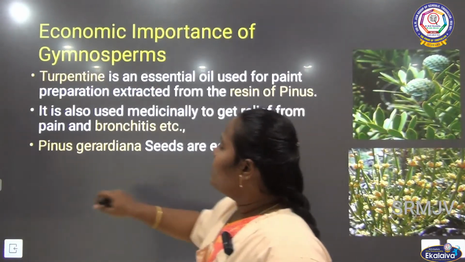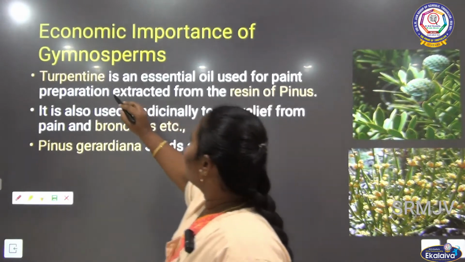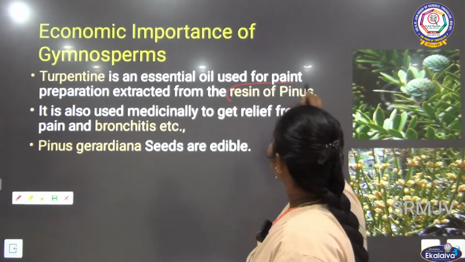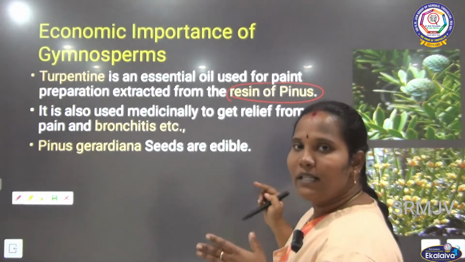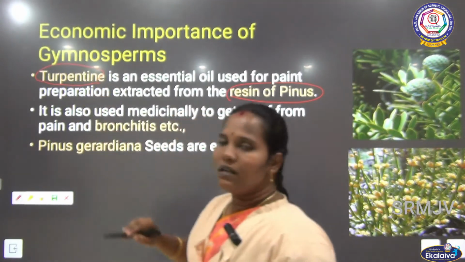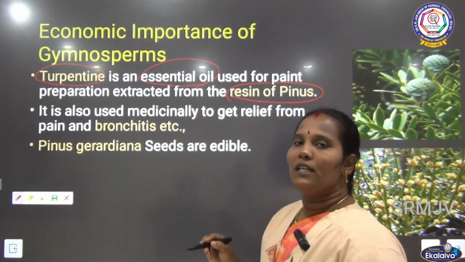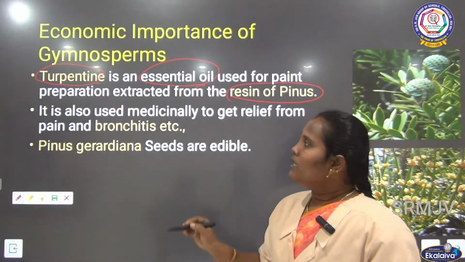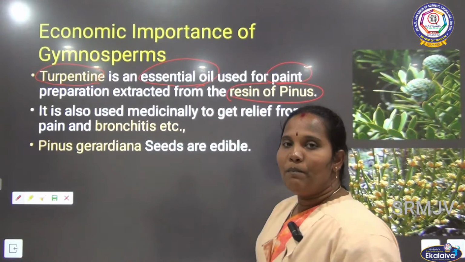Next economic importance of the gymnosperm is turpentine. The resin of Pinus, the pine tree, is used to prepare turpentine. What is turpentine? It is an essential oil used in the hardware industries. This turpentine oil is also used in paint preparation.